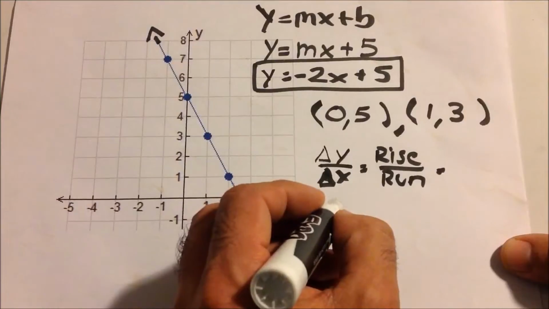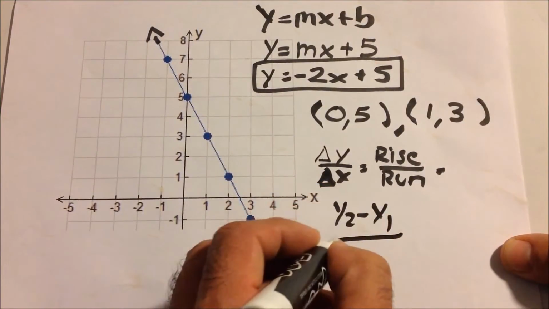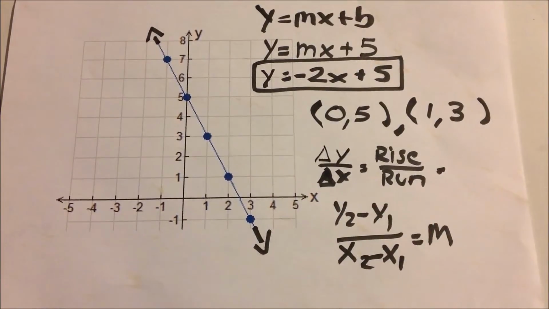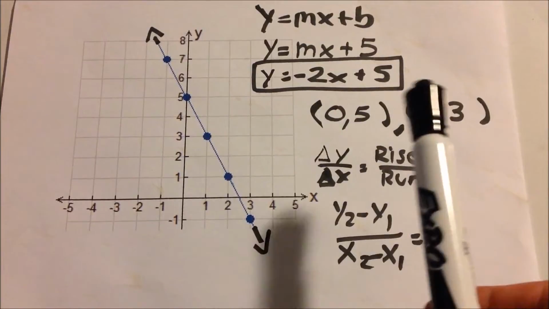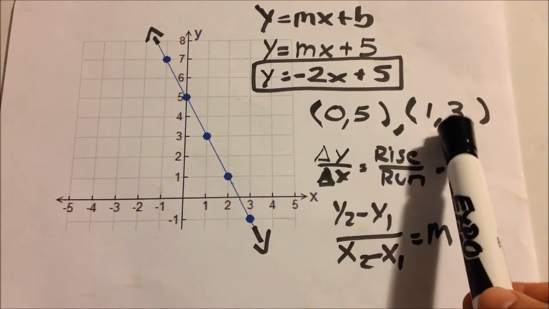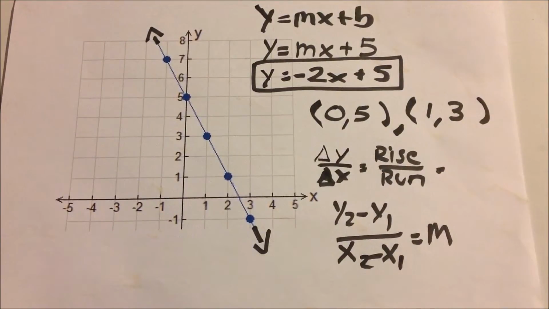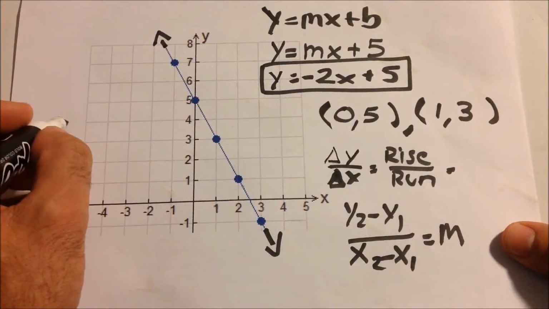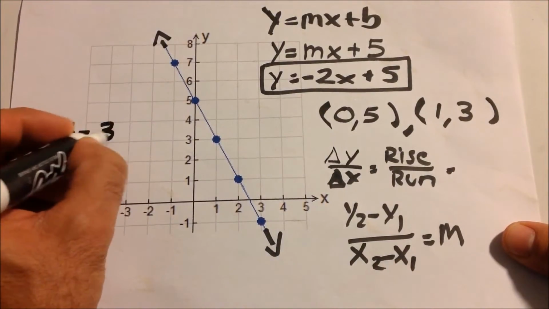And the formula here is you're looking for 2 y's and 2 x's to get the slope. Okay, so remember, previously in the video we did this. So we have 2 x's here. We have a 0, we have a 1, we have 2 y's, a 5, and a 3. So we have to subtract whatever ones you want to use. So if I do, let's say, 5 minus 3, that's 1 y, 5 minus 3.